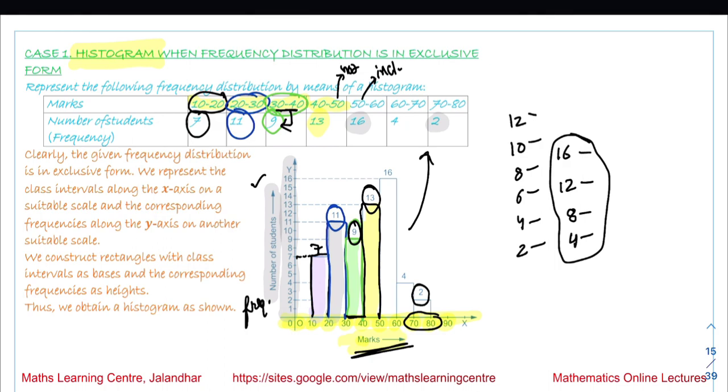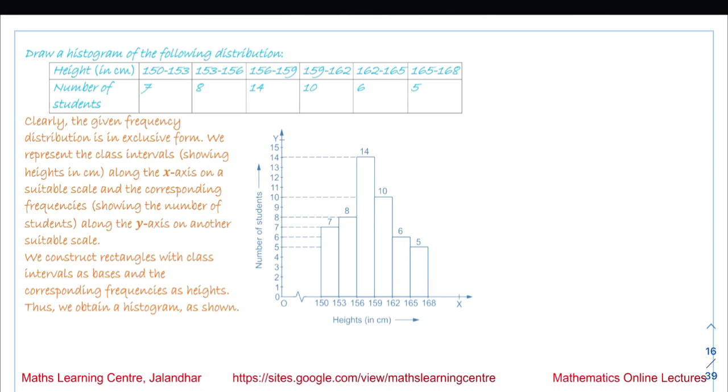Now in this next example, we have to draw the histogram for the following distribution. The height is given in centimeters. It is 150 to 153, 153 to 156, 156 to 159, like this. And the number of students is given over here, that is how many students have height between these two values. We are starting counting the heights from 150.